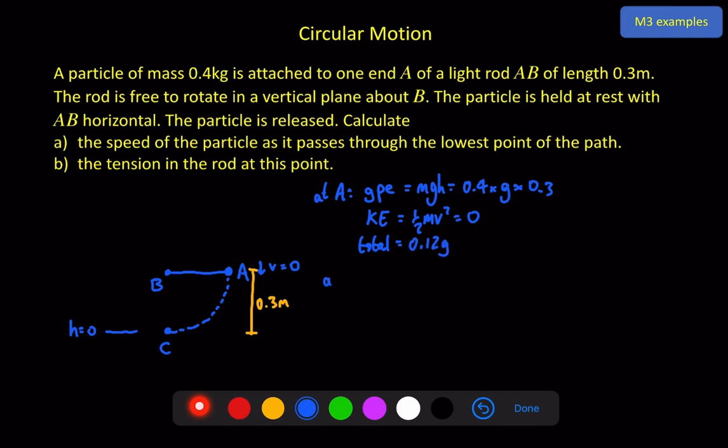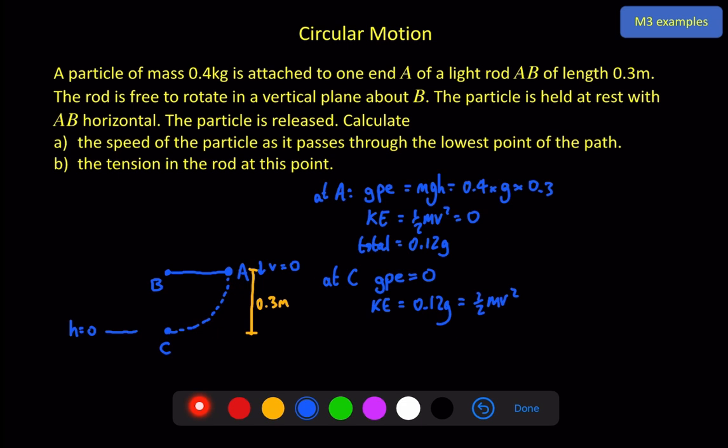At C, that is still true, but the gravitational potential energy is now 0. So the kinetic energy must equal the total energy, 0.12 g, which is equal to a half mv squared. The mass is still the same.